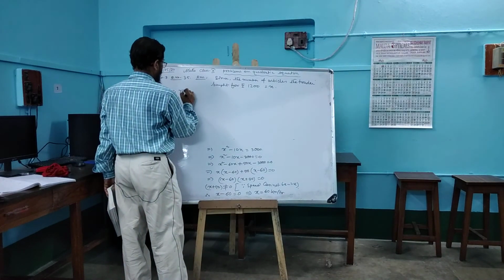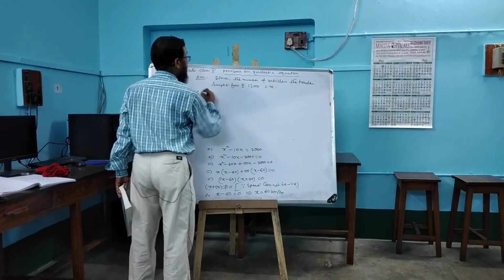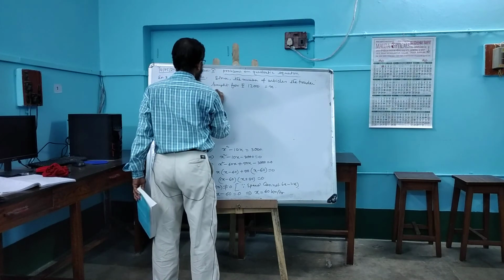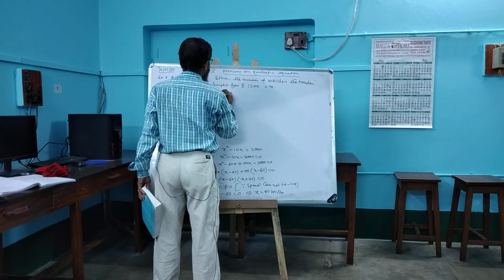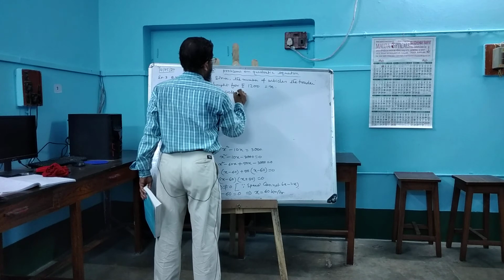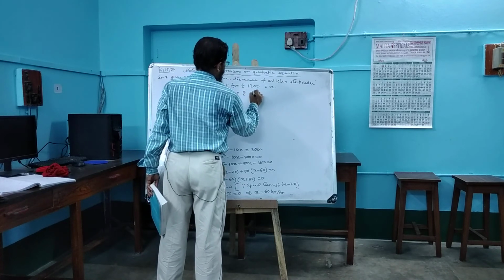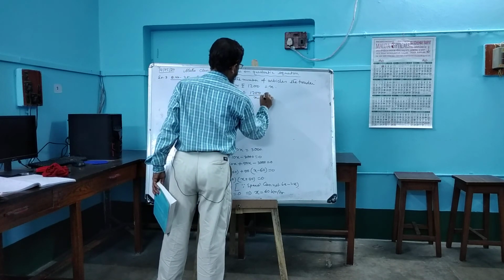Therefore, the CP of each article equal to rupees 1200 by x.